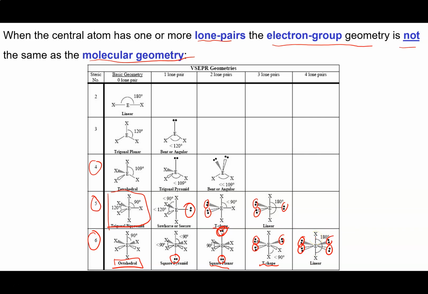So you can see there's multiple ways of getting bent, multiple ways of getting linear, and a couple of ways of getting T-shaped. So you sometimes have to put in the bond angles to make everything really clear. But that's it.